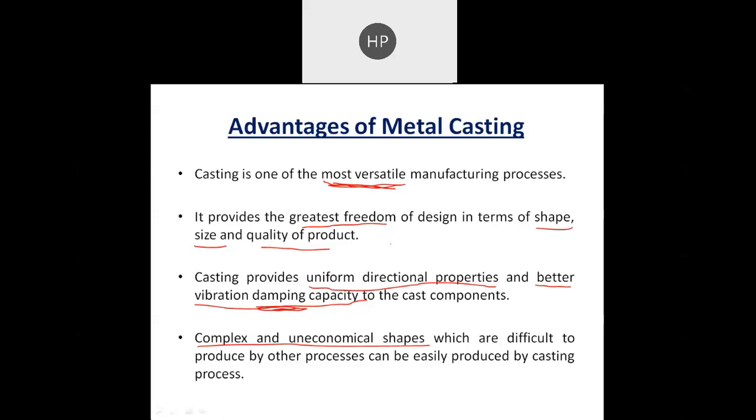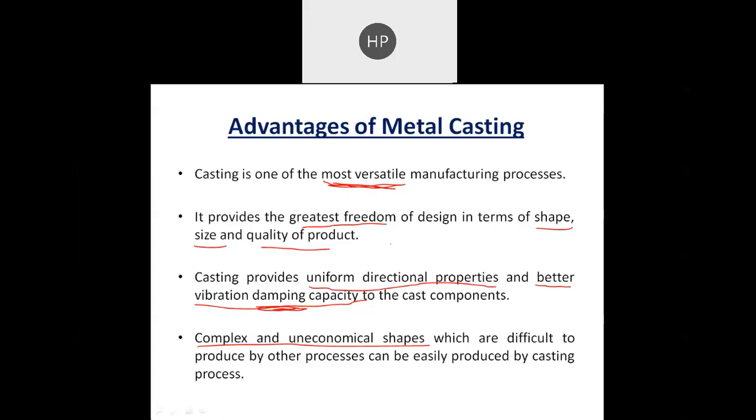Then uneconomical shapes. Sometimes you can make a product by a different manufacturing process, but to make that product by another process, your cost and time will increase drastically. As your cost and time increase, the cost of the product will be very high. And as the cost of the product is very high and you go into the market for sale, the customer is not going to buy it.